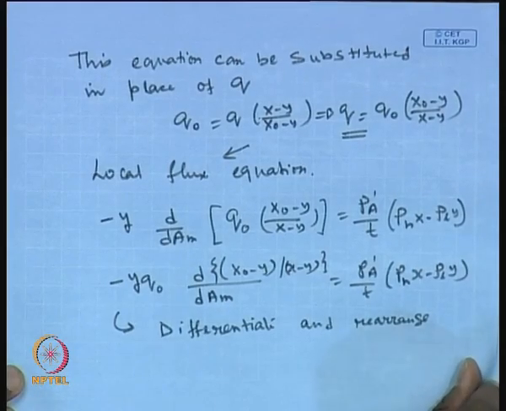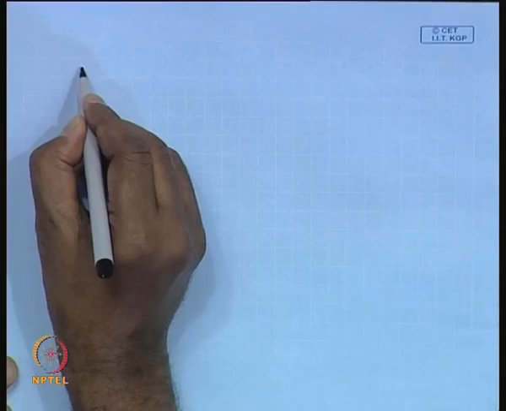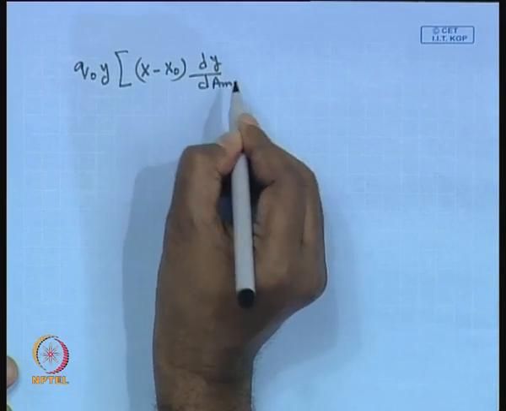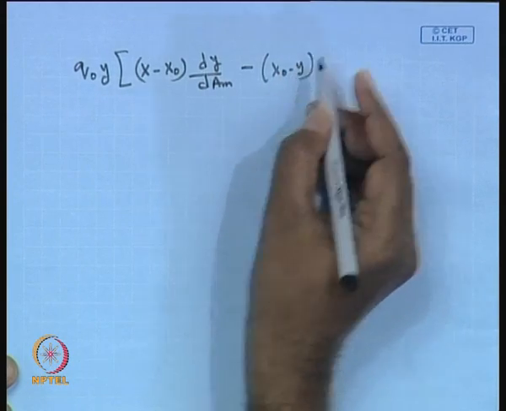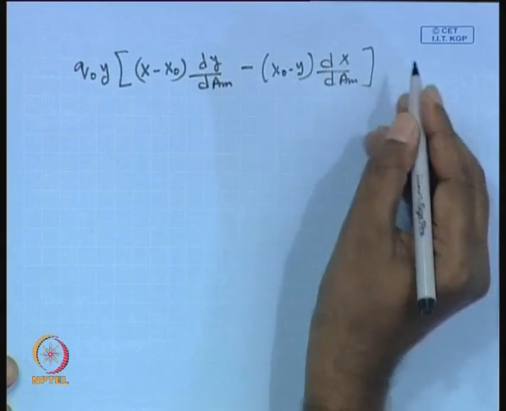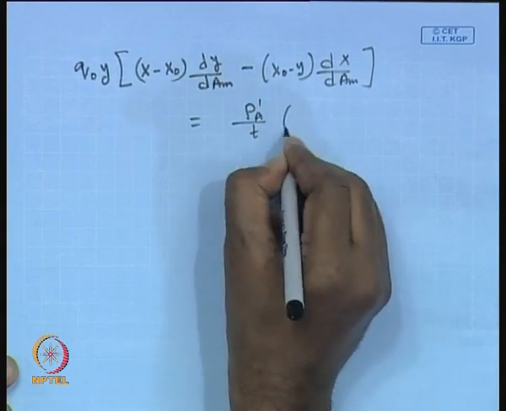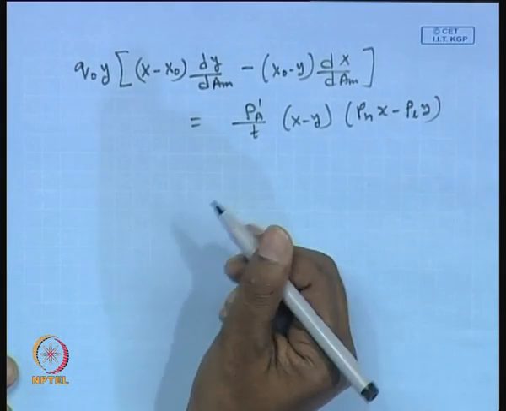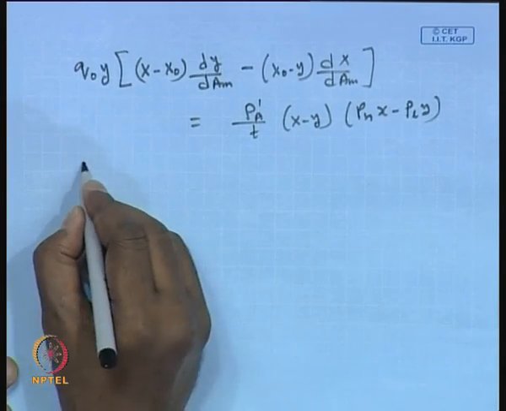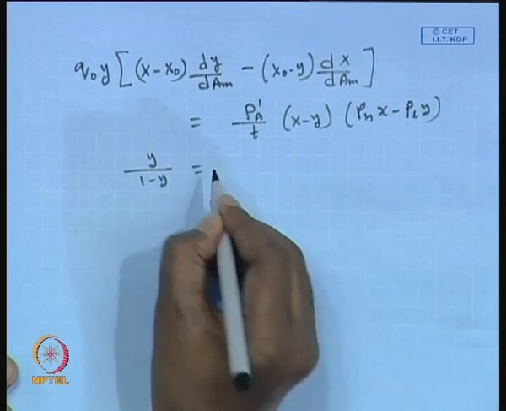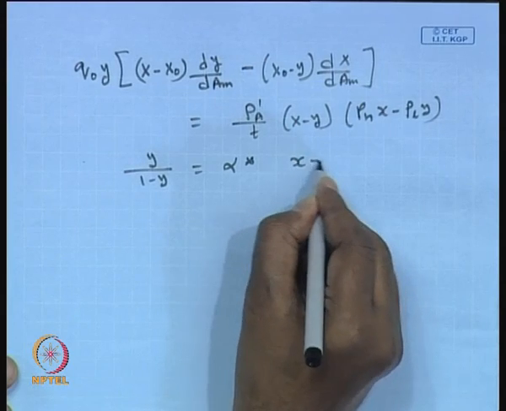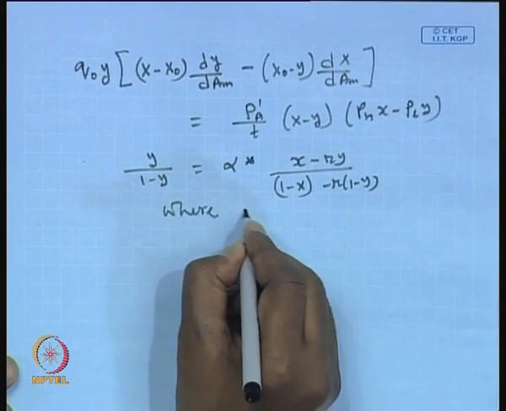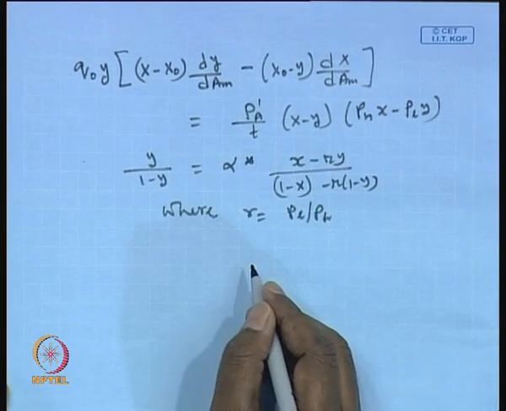So, if you carry out this differentiation and rearrangement, you will be getting q_0 times y into (x minus x_0) dy/dAm minus (x_0 minus y) dx/dAm is equal to P_A prime by t (x minus y)(P_H times x minus P_L times y), and you have the relationship between y and x as y divided by (1 minus y) is equal to alpha star (x minus r y) divided by (1 minus x minus r into (1 minus y)), where r is nothing but the ratio of lower to higher feed side pressure.